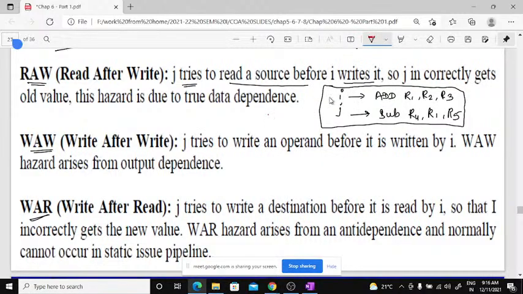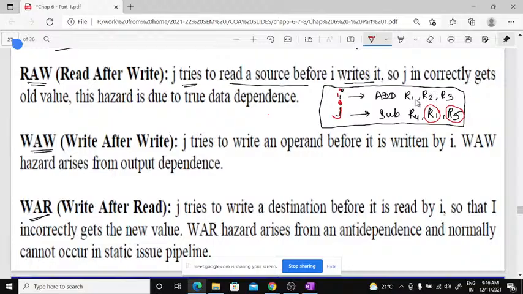Suppose this particular J instruction tries to read a source. Source means the value of R1 and the value of R5. So J tries to read a source before I writes to it.